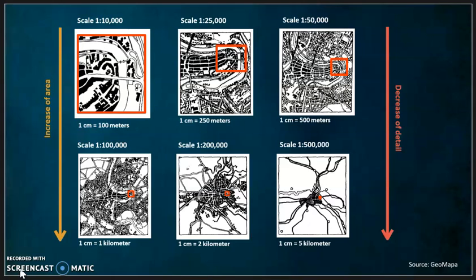So we have increase of area, decrease of detail. And so for those, we're looking at that relatively small number in the ratio, and then that relatively large number in the ratio. So large, small.